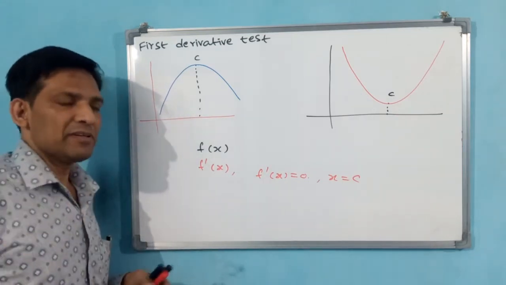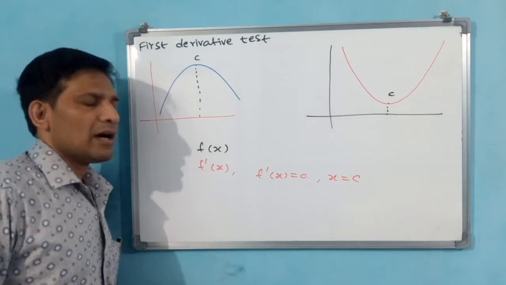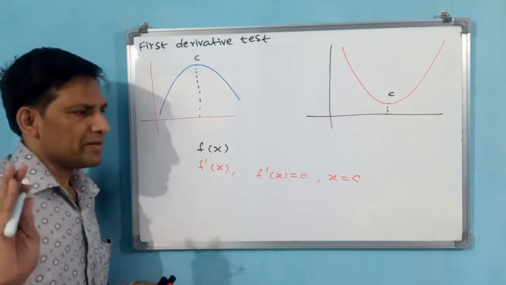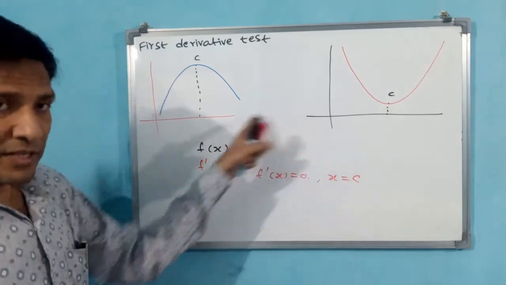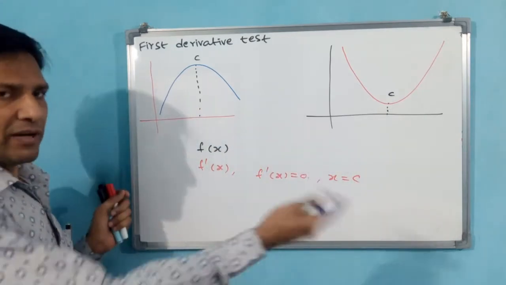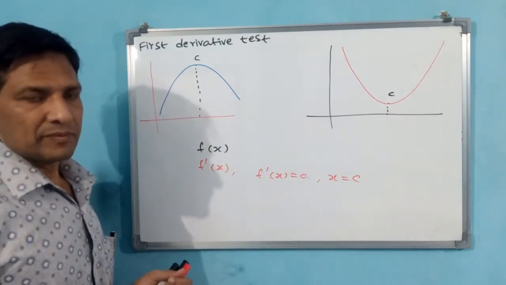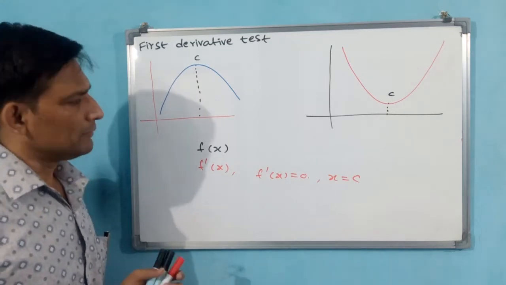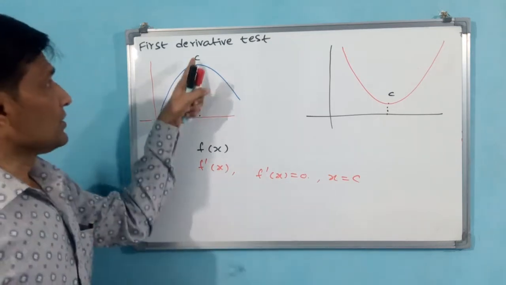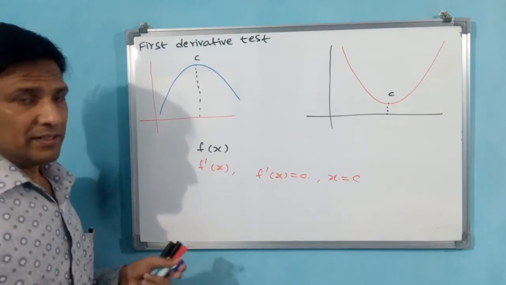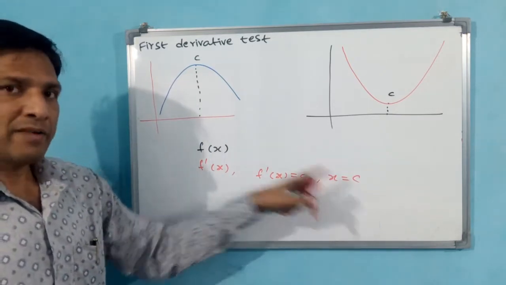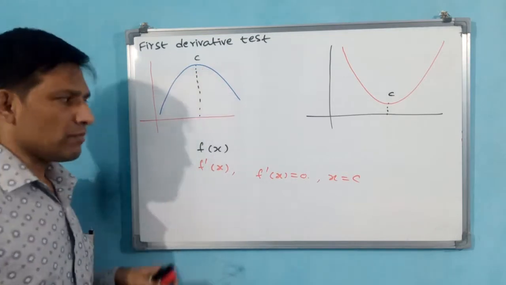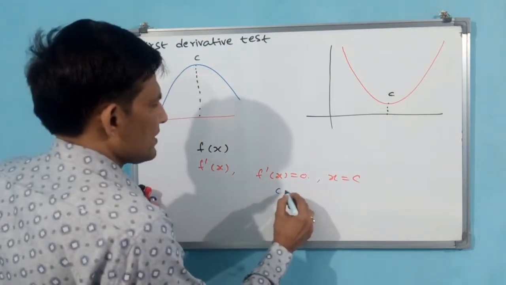Closed interval we'll discuss afterwards. Absolute minimum and absolute maximum will come, but that is different, we'll discuss afterwards. Here this c is any one point in the domain. If you make the derivative equal to 0, one point will come. That point will be the critical point. Here c is the critical point.